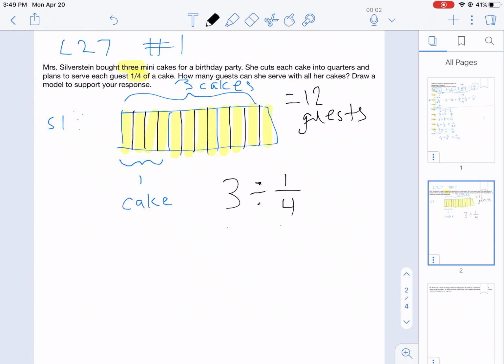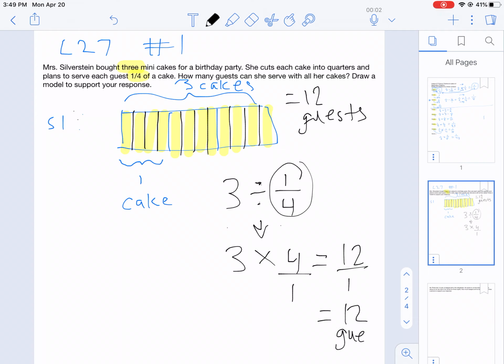When we do this, think about how we just solved that on the fluency practice. We took our first number, changed the dividing sign into a multiplication, and then wrote the reciprocal of the second number, which would be 4/1. And our answer here, we get 12/1, which equals 12 guests.